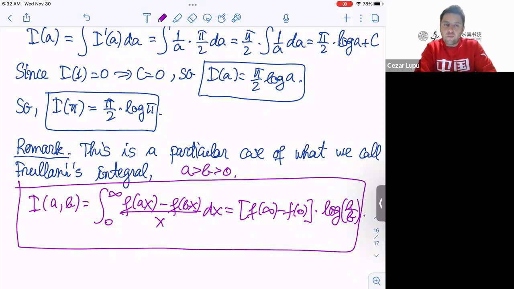And in fact, once you perform the differentiation under the integral sign, you will get an ODE. You have to solve that ODE, and after that you'll get this formula. Okay, so this was this problem.